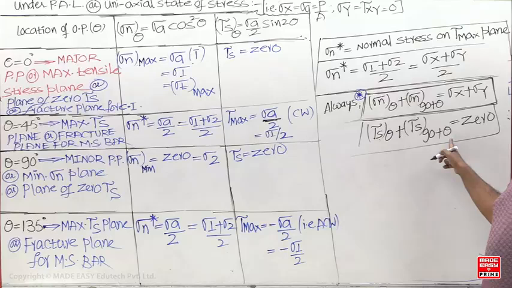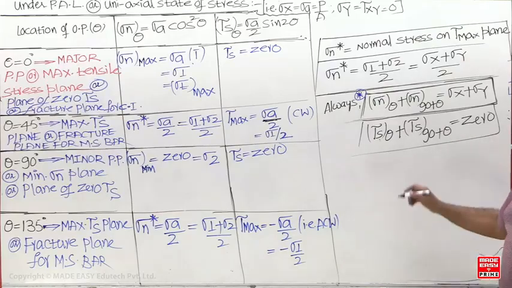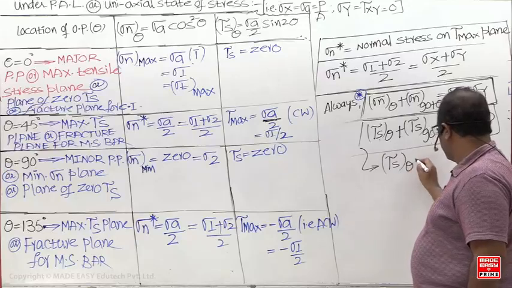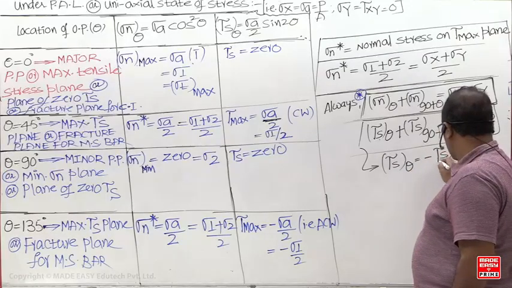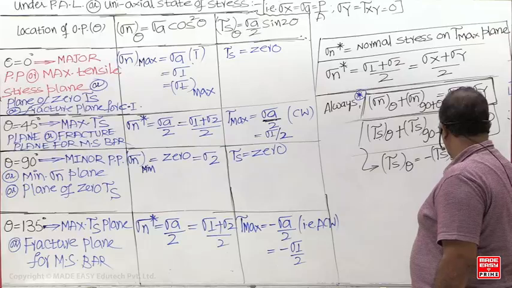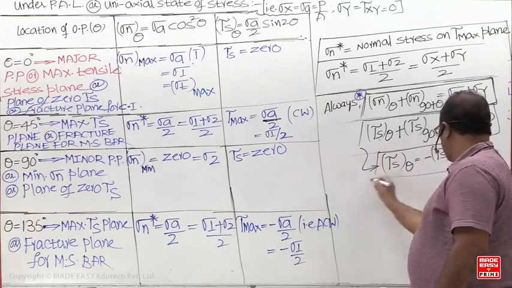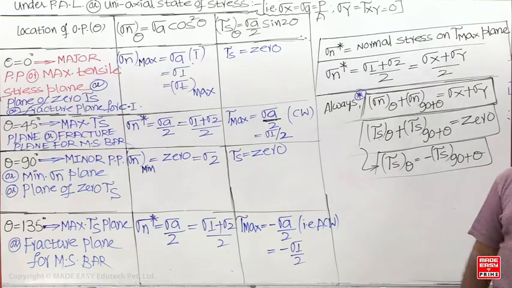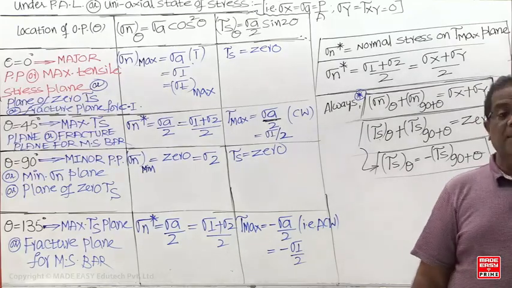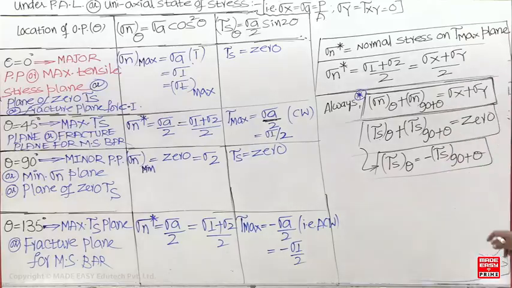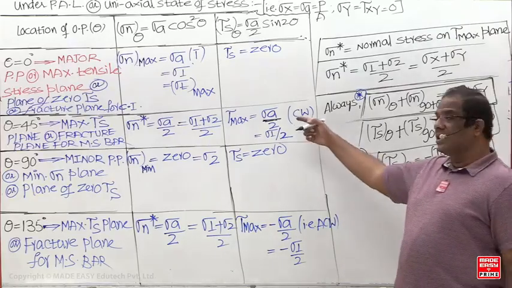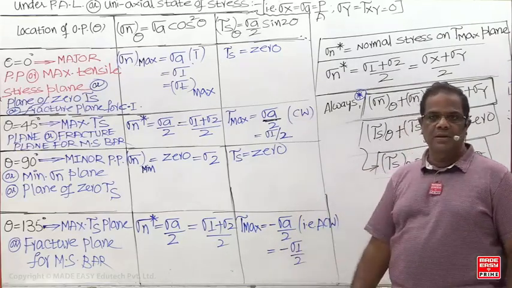That is, the shear stresses on two perpendicular planes are equal and unlike. So what should I call these two stresses? Complementary shear stress. Complementary shear stresses are always equal and unlike. That's why one you got is sigma A by 2, one is minus sigma A by 2.